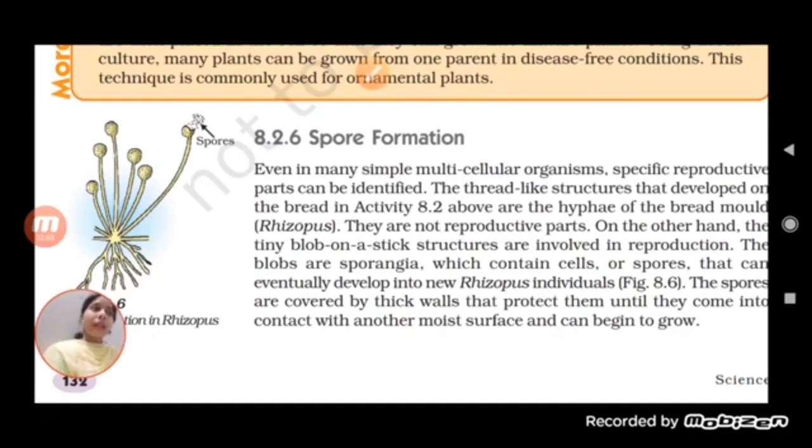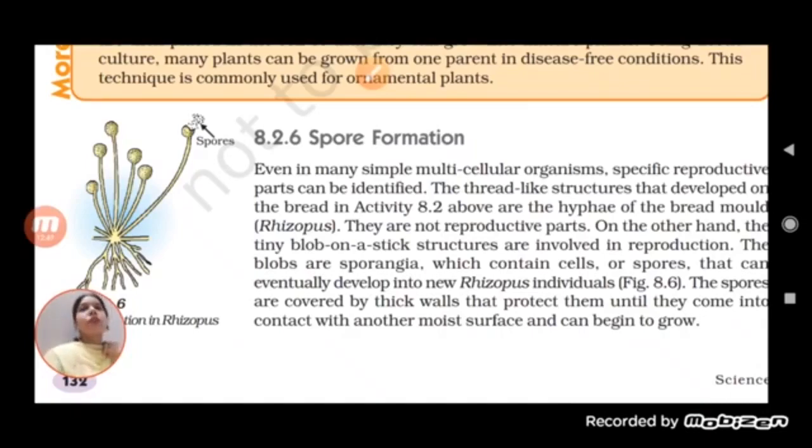The development and reproduction of the fungus take place when the condition is moist for them. At that time, the spores present on the hyphae of the Rhizopus will grow and develop into Rhizopus, which has a blob-like structure on it called the sporangia, and this sporangia contains spores.